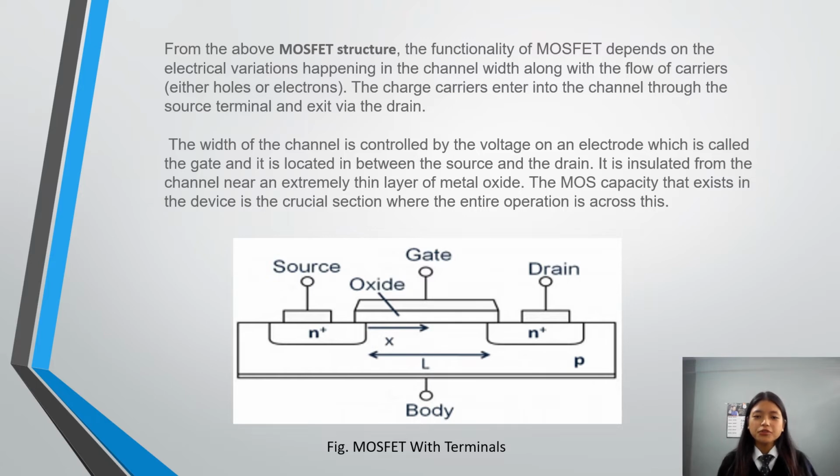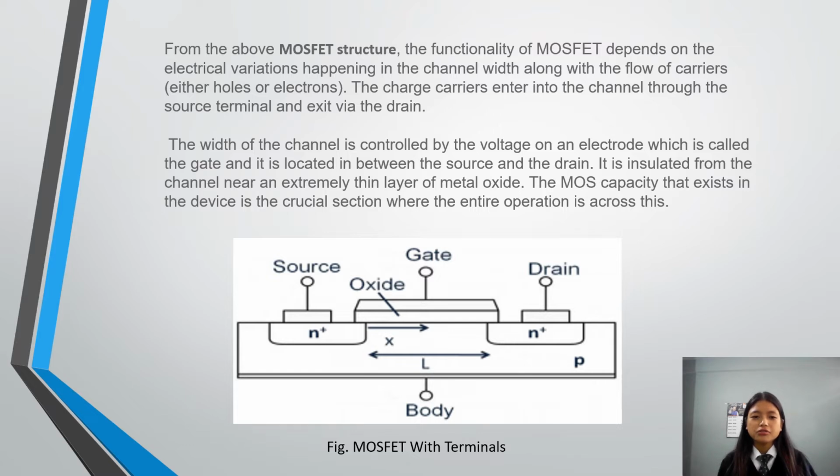From the upper MOSFET structure, the functionality of MOSFET depends on the electrical variations happening in the channel width along with the flow of the carriers, either holes or electrons. The charge carriers enter into the channel through the source terminal and exit via the drain. The width of the channel is controlled by the voltage of an electrode, which is called the gate, and it is located in between the source and the drain.